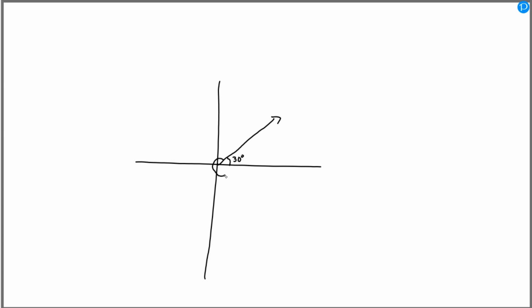Now we can talk about angles that have identical trig ratios. Some angles with identical trig ratios are coterminal angles, and that makes sense because they end on the same arm. So let's say we have an angle here. If this is 30 degrees, then going all the way around like this would get us 390 degrees. The trig ratio, so I'm just going to use sine generically, of 30 degrees will equal the sine of 390 degrees.